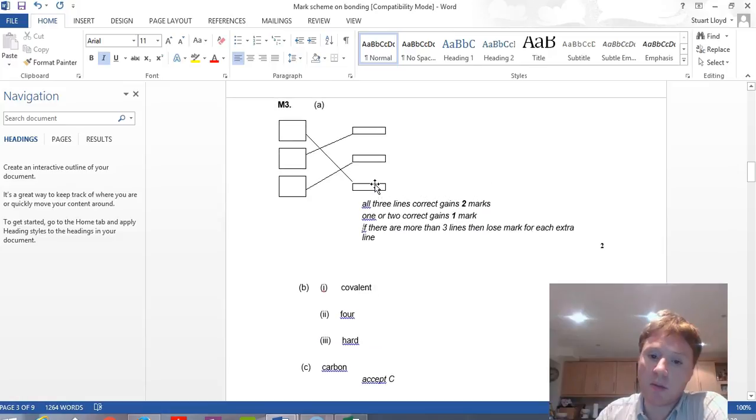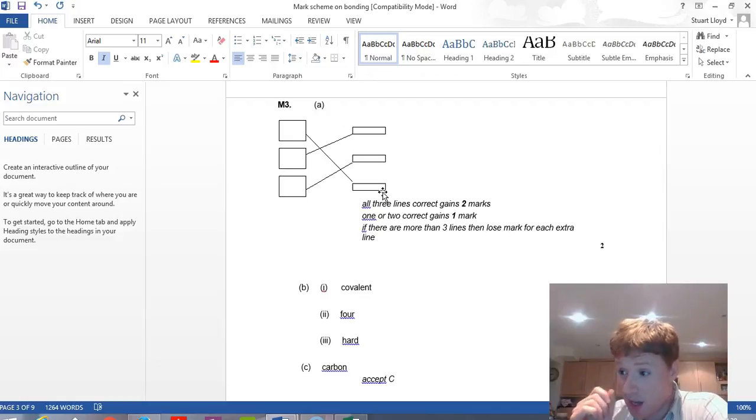Oh, that's something from exams you need to know. It's called the list principle. Say there's a 3-mark question. If you put 4 points and 3 of them are correct and the other one is wrong or contradicts a correct point, then you end up with 2 marks. Every wrong answer loses you a mark.